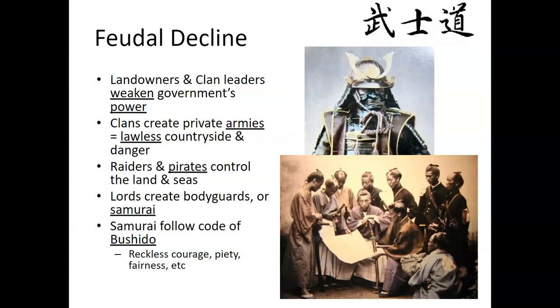That's a big deal because you have people that are very familiar with following rituals to the T, and then the samurai developed what's known as the Bushido code, and they follow it, and it gives them this very disciplined body to protect the lords and so forth.